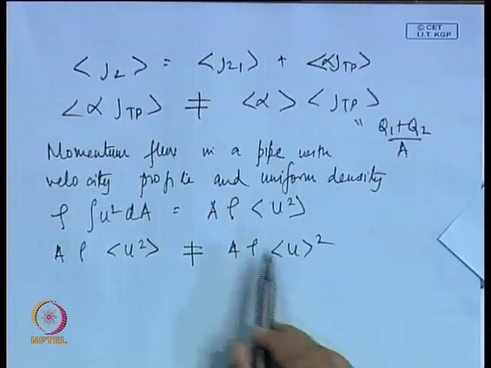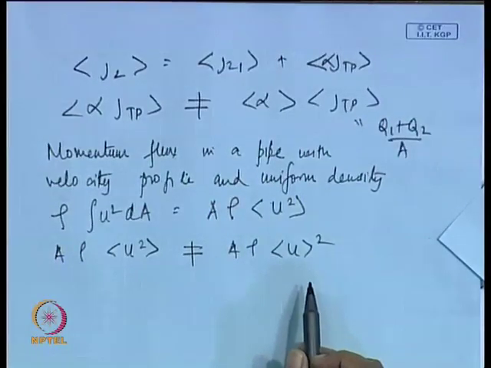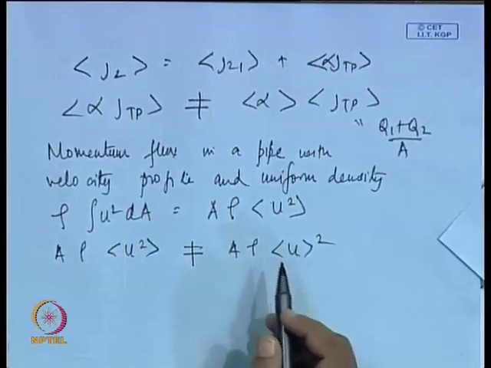You remember this? So, in single phase flows, what we had done for kinetic energy, even for momentum flux, when the density is constant and there is a velocity profile, we had introduced a suitable correction factor. What was the correction factor there?